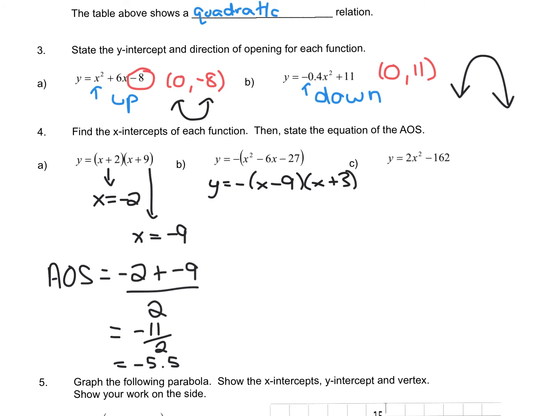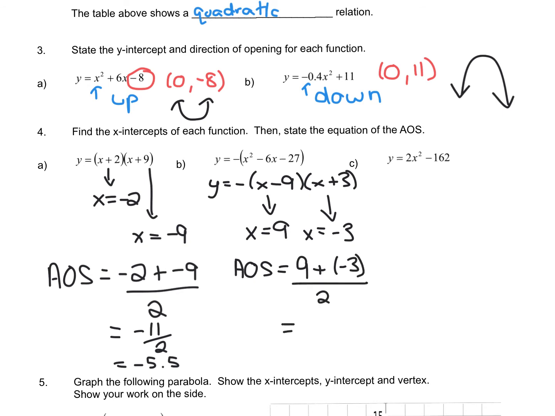Once you factor it, you find that x equals 9 and x equals -3. Then to find the axis of symmetry again, we add those two values together and divide by 2. So 9 plus -3 is 6, divided by 2, which is 3. So the axis of symmetry, where the parabola is reflective, is at x equals 3, okay?